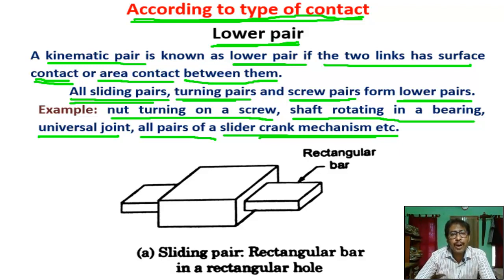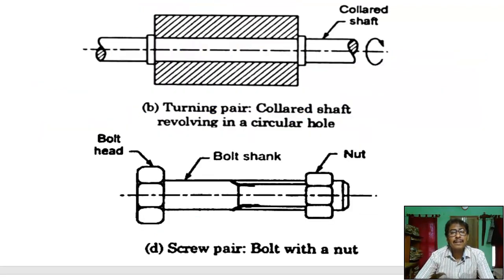In this figure, this is also a lower pair. This link and this link, a rectangular bar in a rectangular hole. These two links form a sliding pair, which is a lower pair. This is a turning pair.